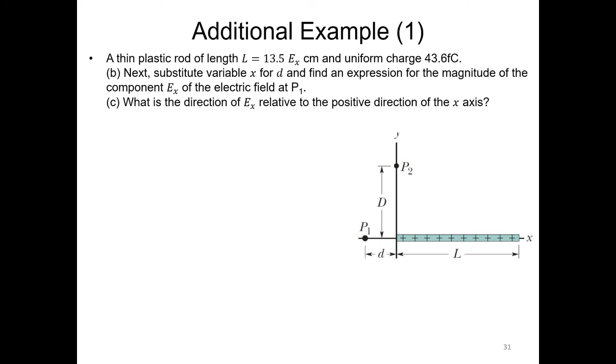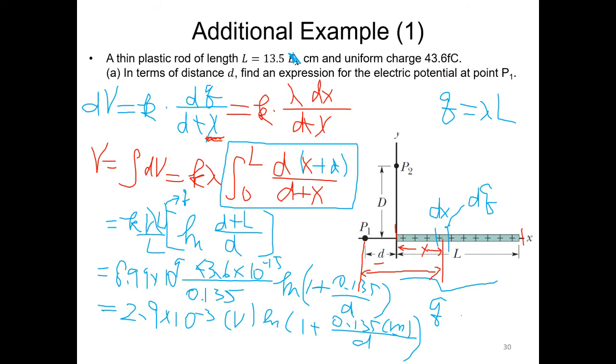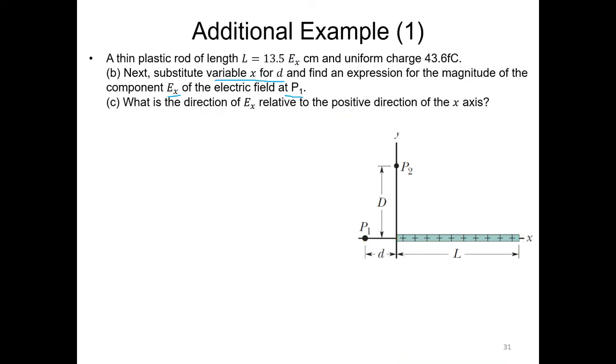So next one: substitute variable x for D and find the expression for the magnitude of the Ex component of the electric field at P1. It tells you to just substitute this D with x, so it is nothing special.